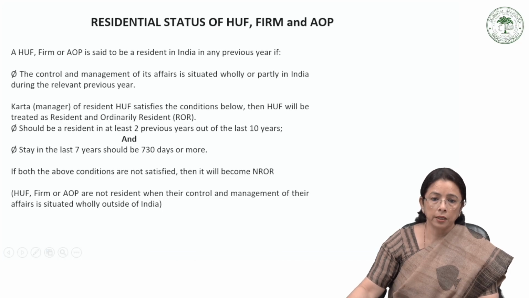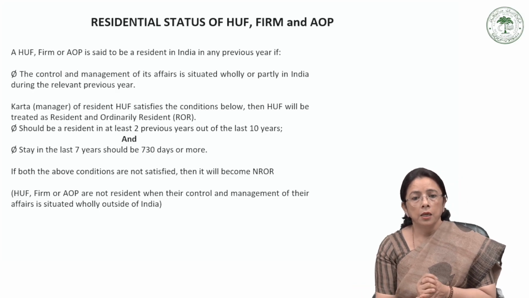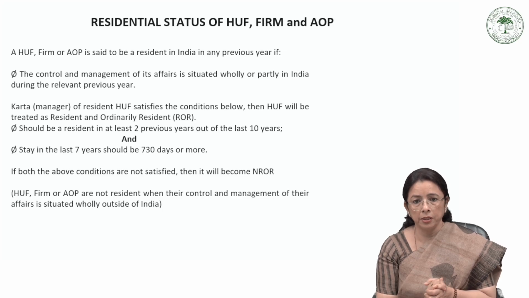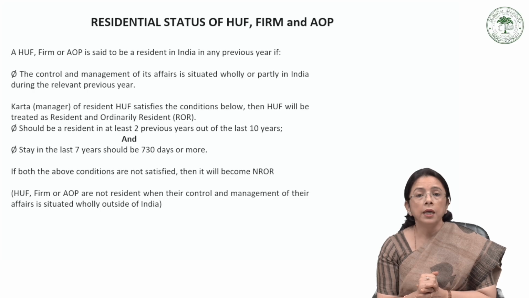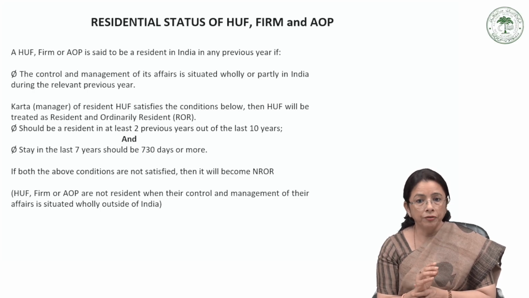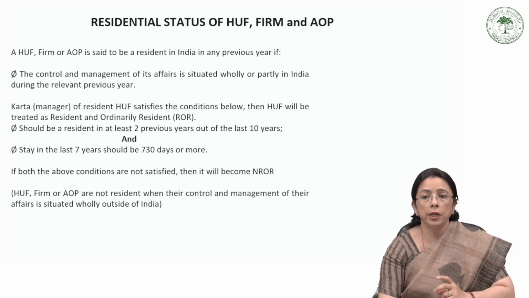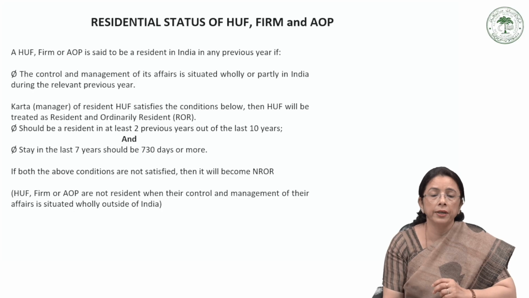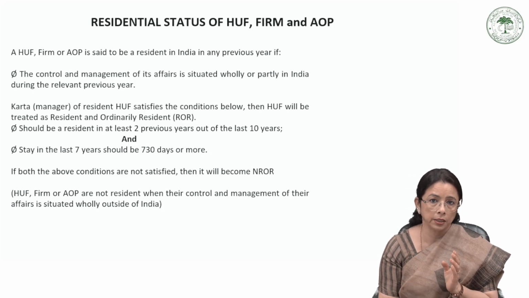So let us check the status, how do we determine it. The rule under section 6 para 2 says that a Hindu undivided family or a firm or AOP is said to be a resident in India in any previous year if the control and management of its affairs is situated wholly or partly in India during that year.